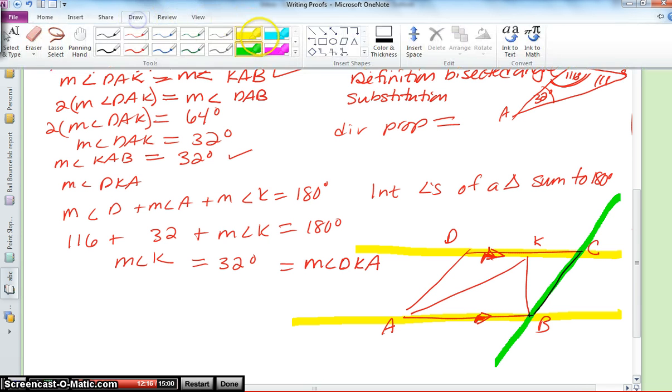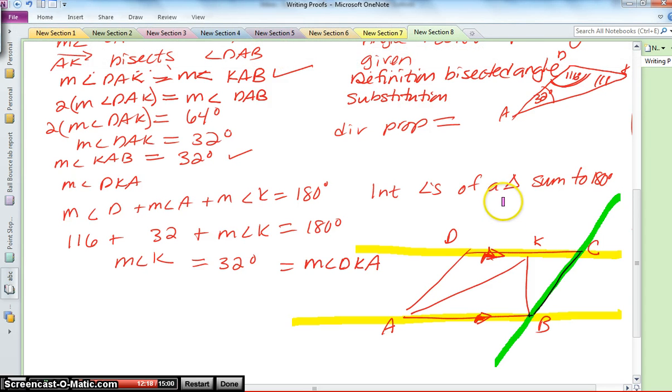Our other transversal in this case would be DA. So the same side interiors for these two parallel lines would be D and A. So those two must be supplementary.